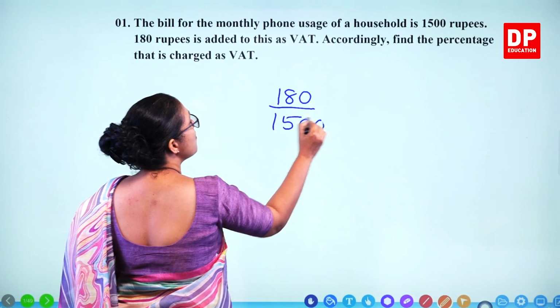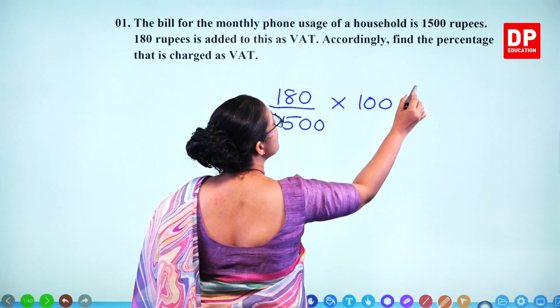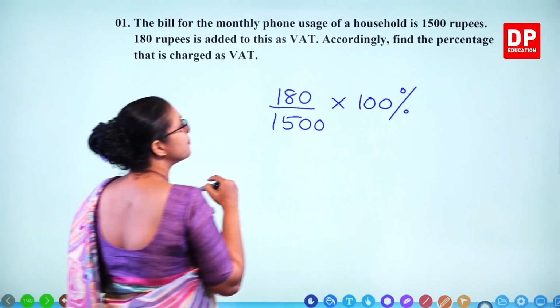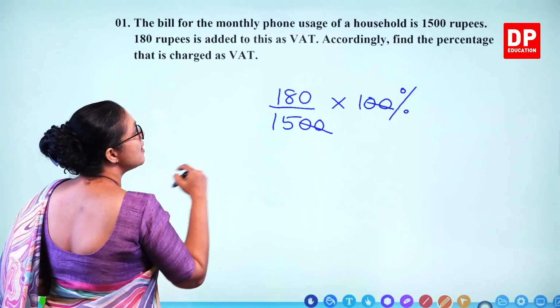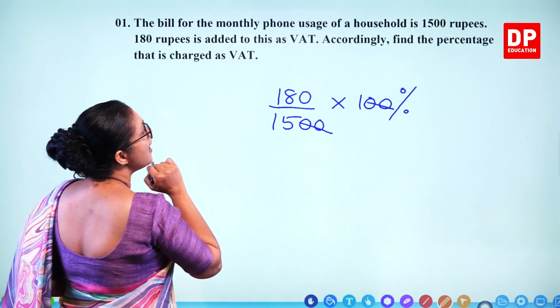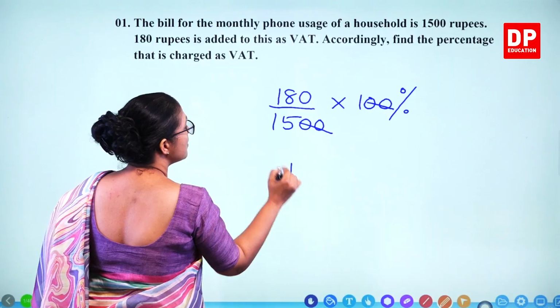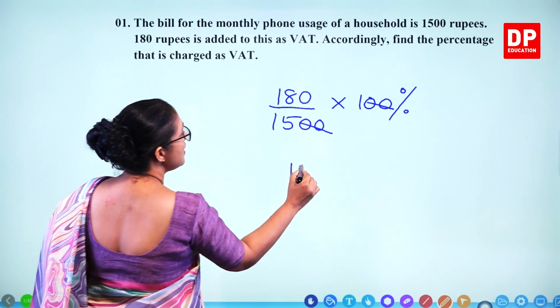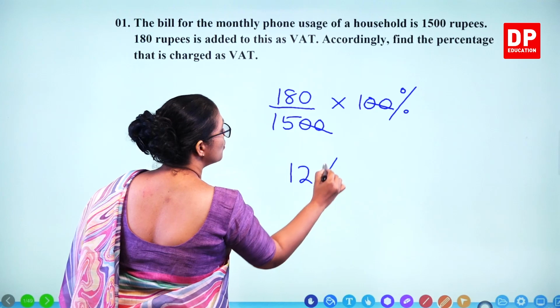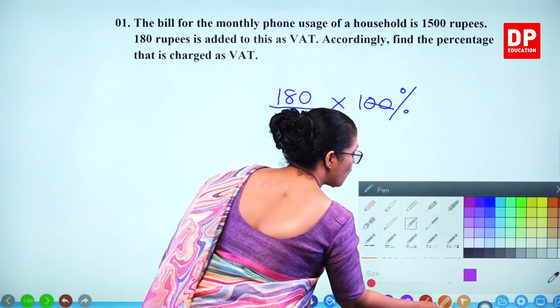So, you divide by 1,500 and to find the percentage, you multiply by 100%. The 2 zeros get cancelled out here, 15 and 180. 15 times 1, 15, 3 remaining, 30, 15 times 2. So, 12% is the percentage of VAT.